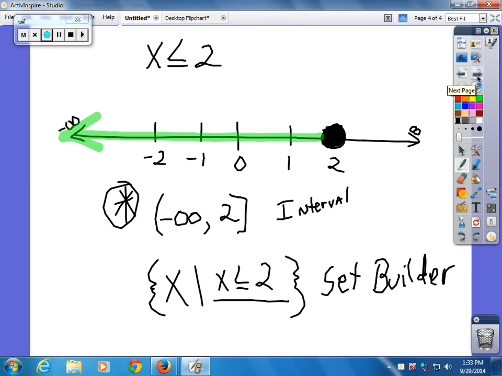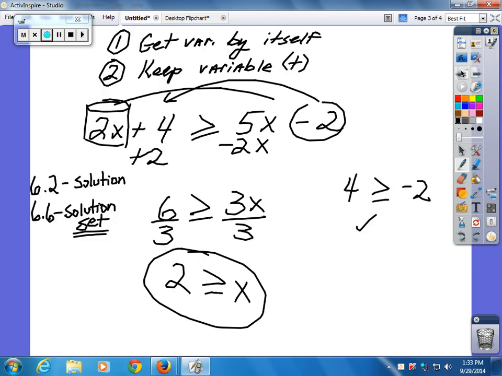So you could pick negative 100. So let's pick negative 100. Negative 100 times 2 is negative what? Negative 200 plus 4 is negative 196.